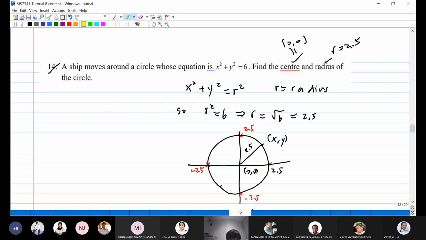So let's go back to the equation of a circle. Then you compare this one to r squared. So r equals the square root of 6, about 2.5. So you find the center is always 0, 0, radius 2.5. So this is quite easy, straightforward.